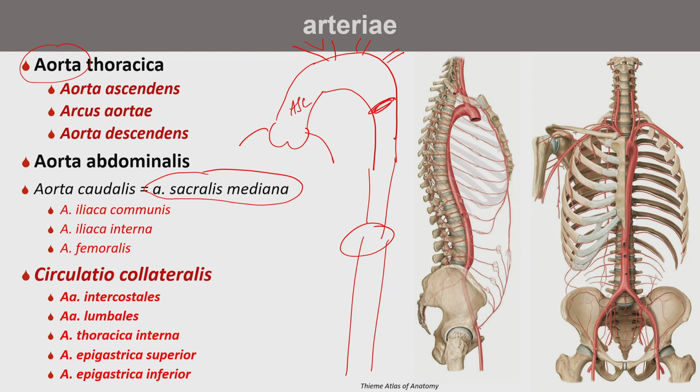We could see here in the thoracic part an inborn problem which is called coarctation, or in the abdominal aorta we can see occlusion of the aorta due to atherosclerotic and thrombotic changes, which is called Leriche syndrome.